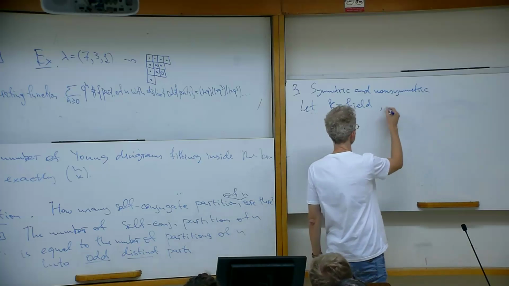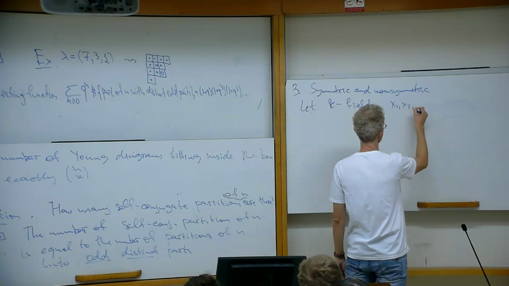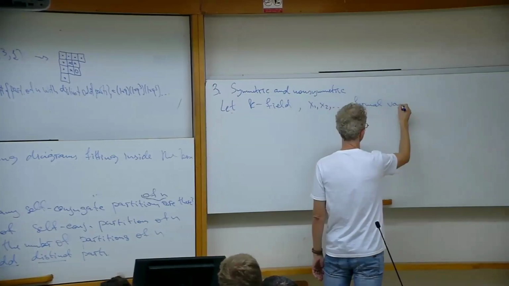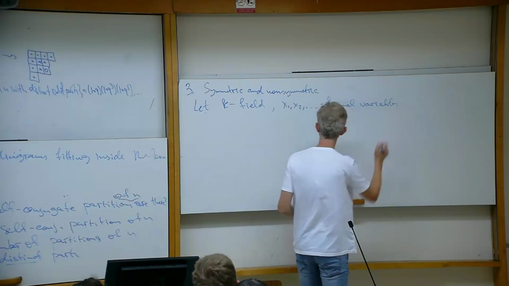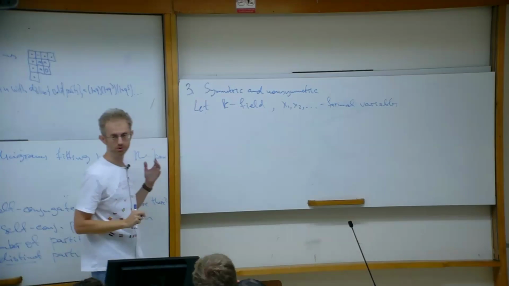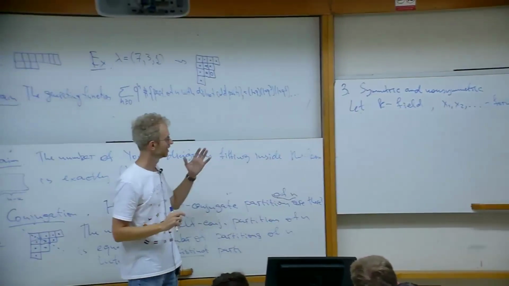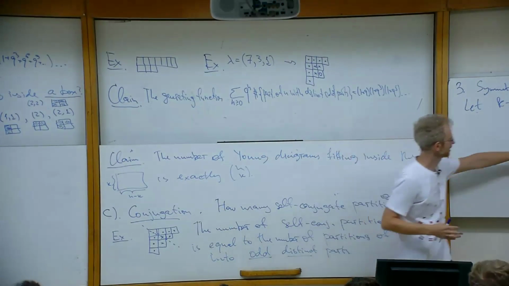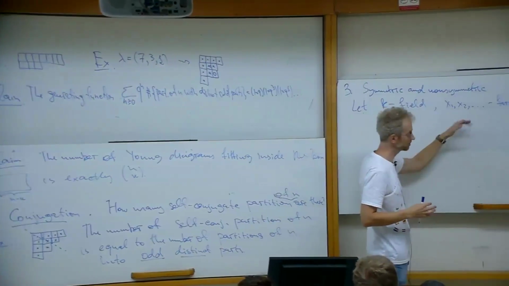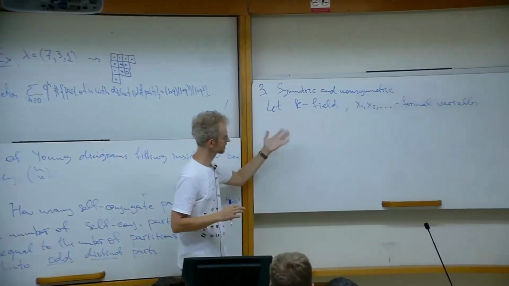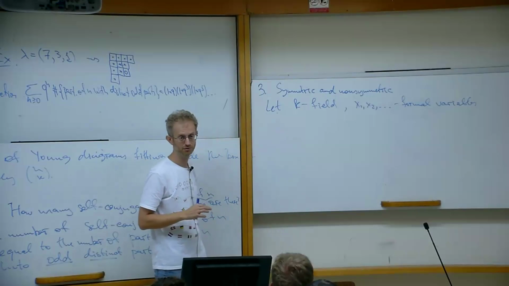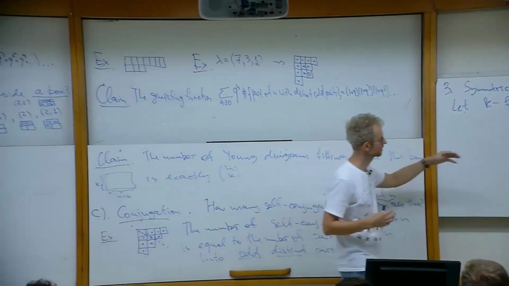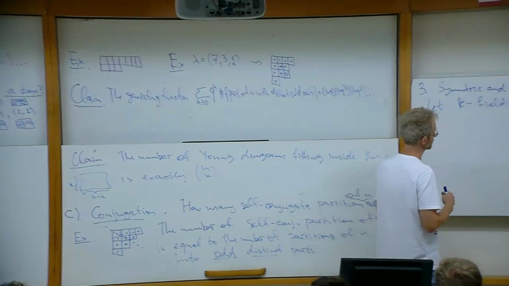And let x1, x2, and so on be formal variables. You can also take a finite number of variables, but for today, let me take infinitely many. There are some reasons why one should take an infinite number of variables, but many things I'm going to talk about are also valid for the finite case. Whatever problem you are working with, you have to adjust somehow.